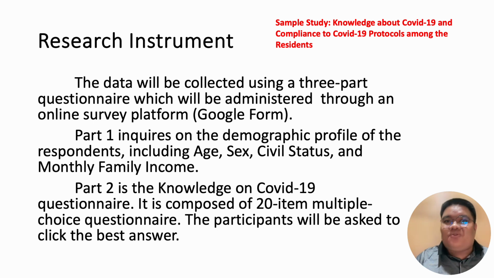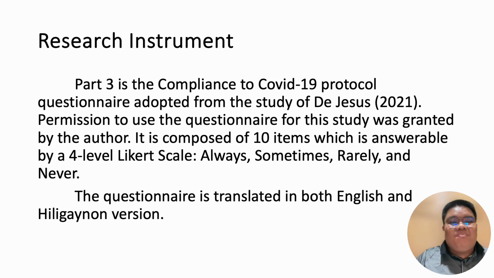It would be wise for you to state that there will be 4 choices for each of the questions. Now, if we look at the example, part 3 is the compliance to COVID-19 protocol questionnaire, which is adapted from the study of De Jesus 2021. Permission to use the questionnaire for this study was granted by the author.